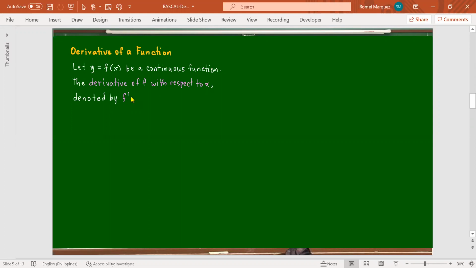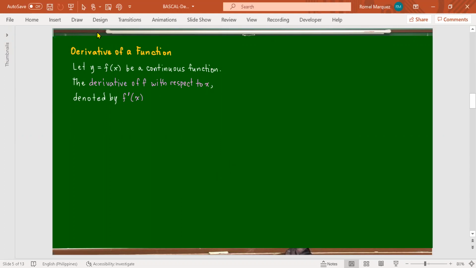Guys, so instead na velocity v, or instead na, let's say, instantaneous rate of population of bacteria, instead of, let's say, marginal cost. So, ano ang tatawag na natin ngayong notation? F prime, okay? Guys?